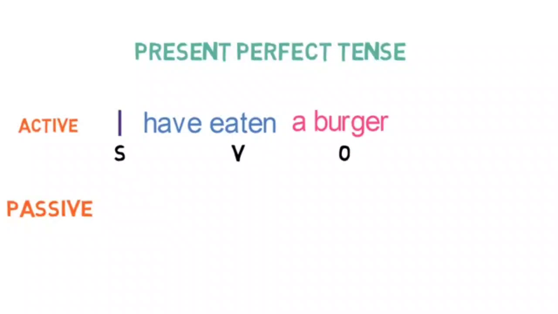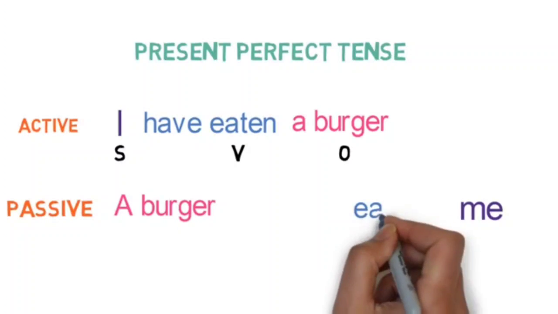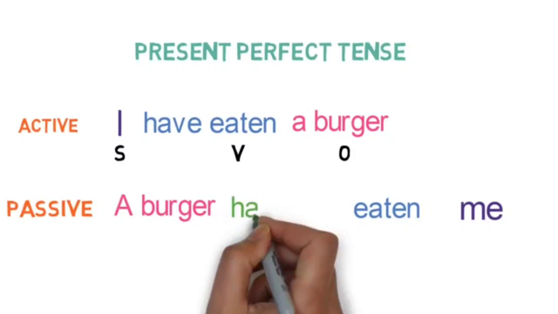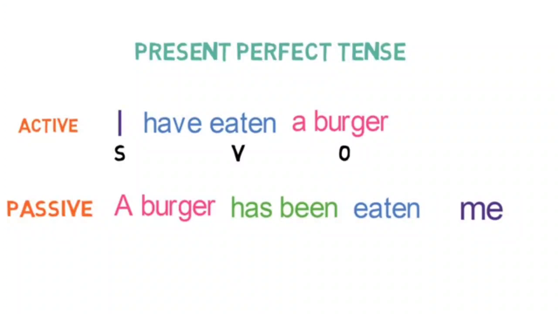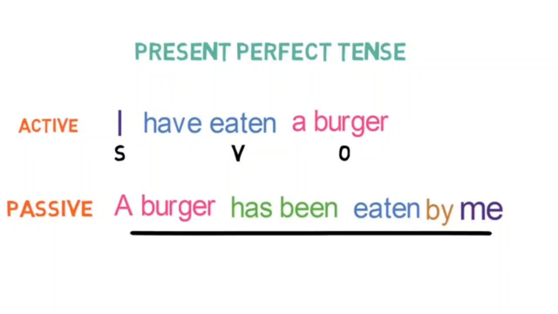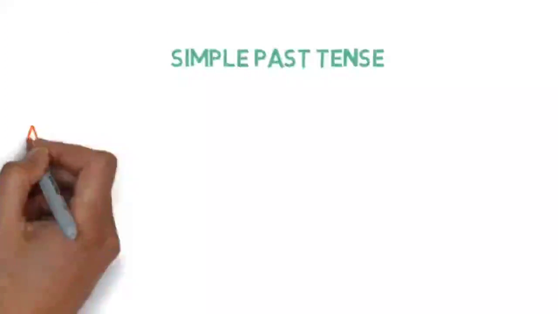As I is a pronoun, it should be changed into me, and the subject is a burger. The third step is converting the main verb into verb 3 form, which is eaten. The fourth step is adding a suitable helping verb, so it is has been. And lastly, we use the preposition by to make the sentence complete in passive voice in the present perfect tense. So the sentence is: A burger has been eaten by me.